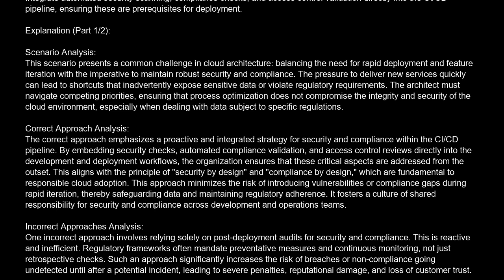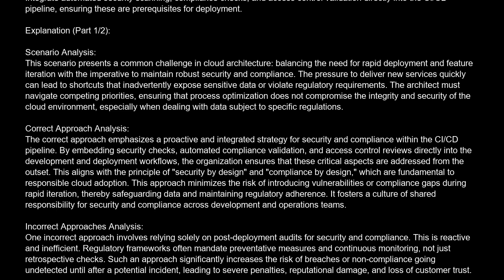The pressure to deliver new services quickly can lead to shortcuts that inadvertently expose sensitive data or violate regulatory requirements. The architect must navigate competing priorities, ensuring that process optimization does not compromise the integrity and security of the cloud environment, especially when dealing with data subject to specific regulations.